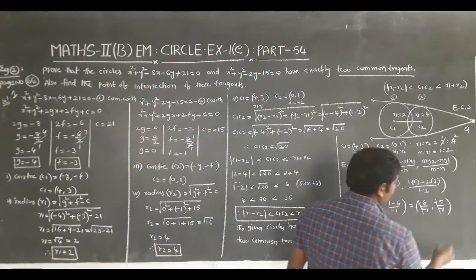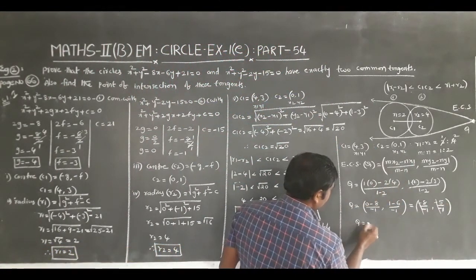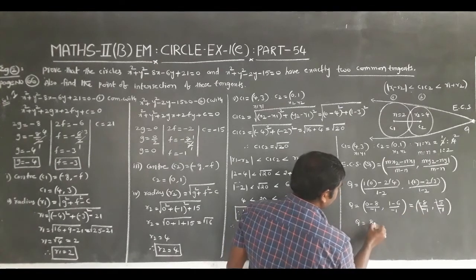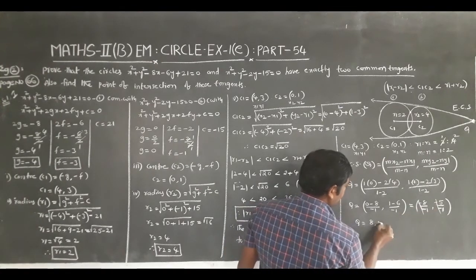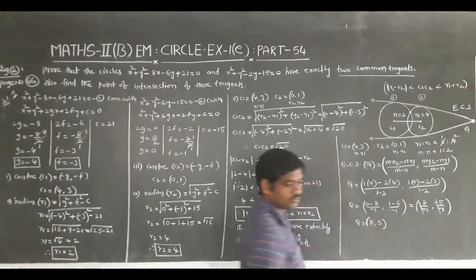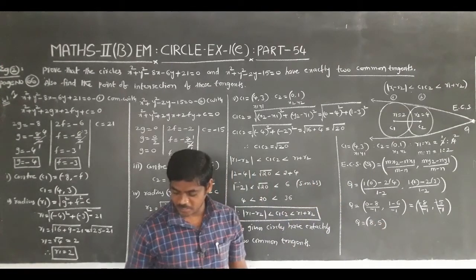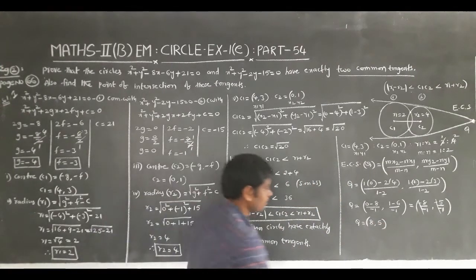Minus cancels minus. Q is equal to (8 by 1, 5 by 1). This is the external center of similitude.